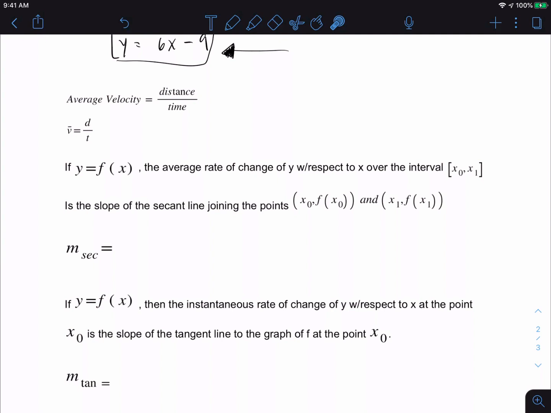And so in terms of physics, the secant gives you an average rate of change. An average. Or it gives you average velocity. Okay? What the tangent's going to do for you is give you the instantaneous rate of change or the instantaneous velocity of an object.